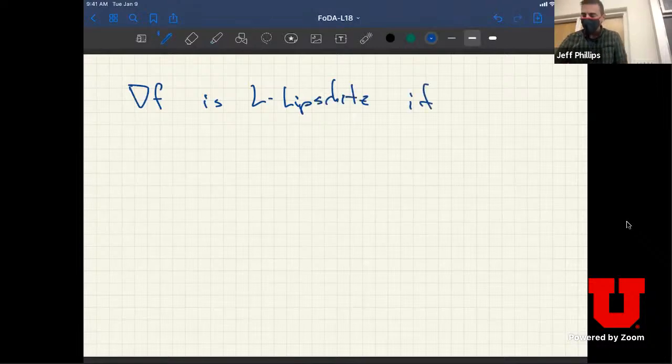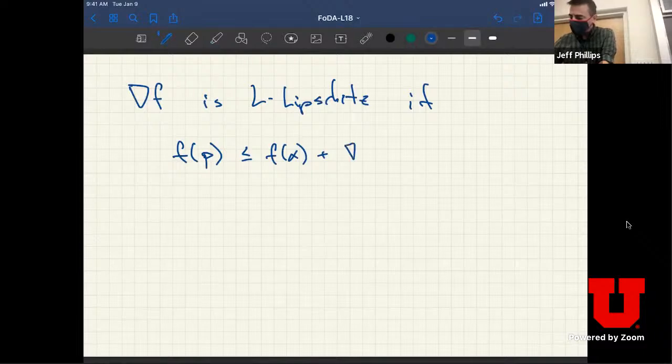If the gradient of F is L-Lipschitz, let's see if I can write this right without my notes: F of P is less than or equal to F of alpha plus some sort of linear term, and I think we say L over 2 times P minus alpha, squared.